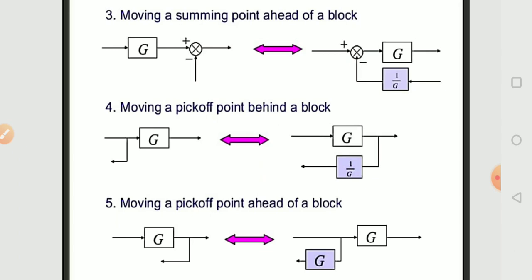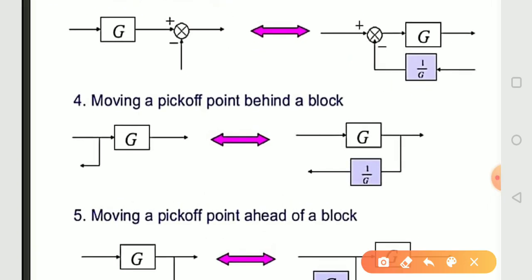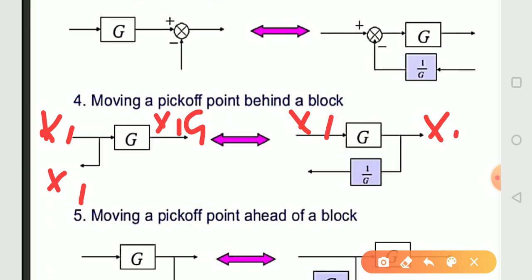If there is a signal x1 and also here a signal of x1, so the output is x1 into G. And if we convert it like this, here the signal is x1 and our output will be x1 into G, and here we want the x1 signal.